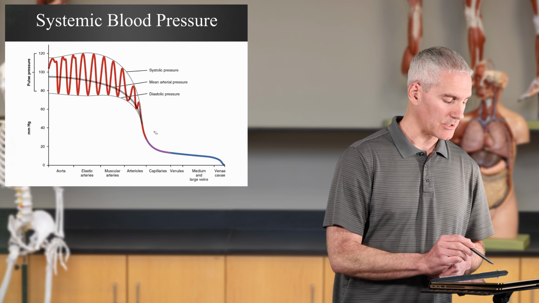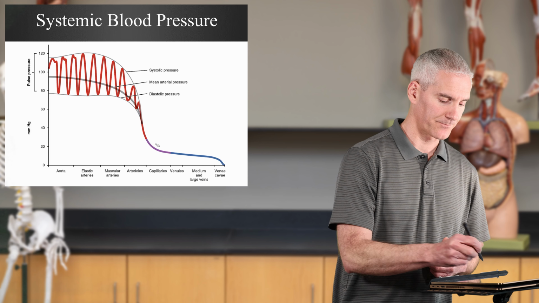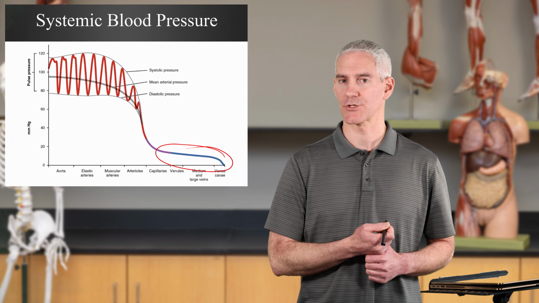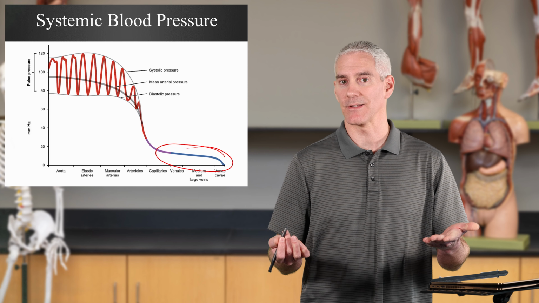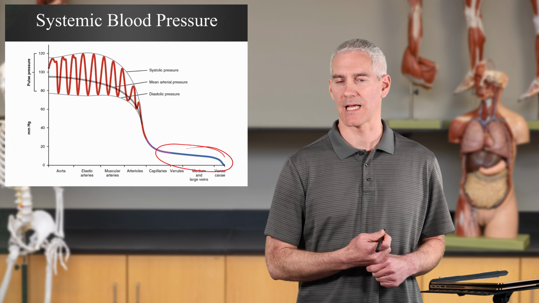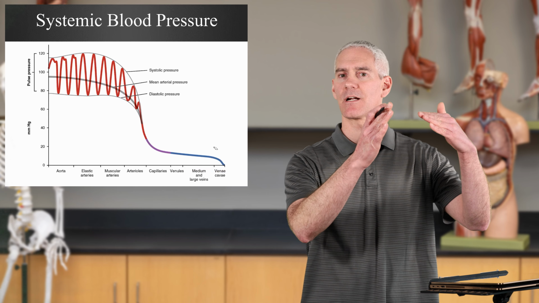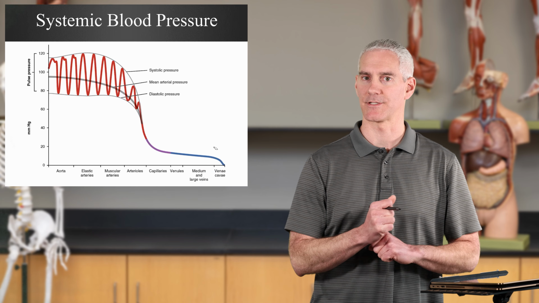And you've noticed you've lost your pressure. You're down 20 millimeters of mercury, give or take, down those capillaries. So the entire return trip is a very low pressure return trip to the heart, going from 15 millimeters of mercury roughly down to about 0 by the time you get back into the right atrium. So it's a high pressure start, get rid of that pressure, don't damage the capillaries, and then low pressure after.